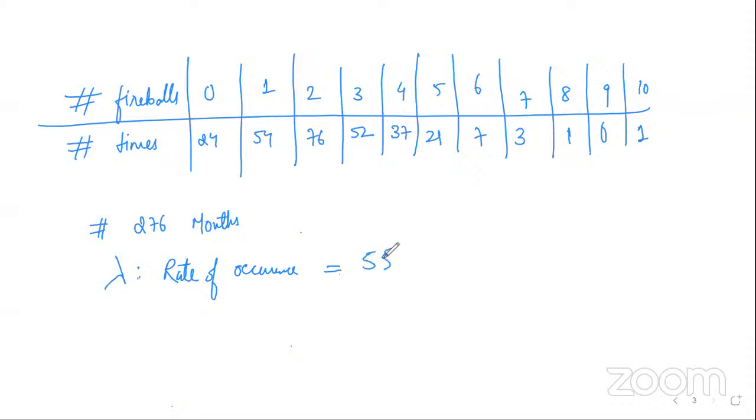Okay. So the total number of fireballs that entered, out of 276 months. So what will we get here? 55 divided by 276, that is 0.19.